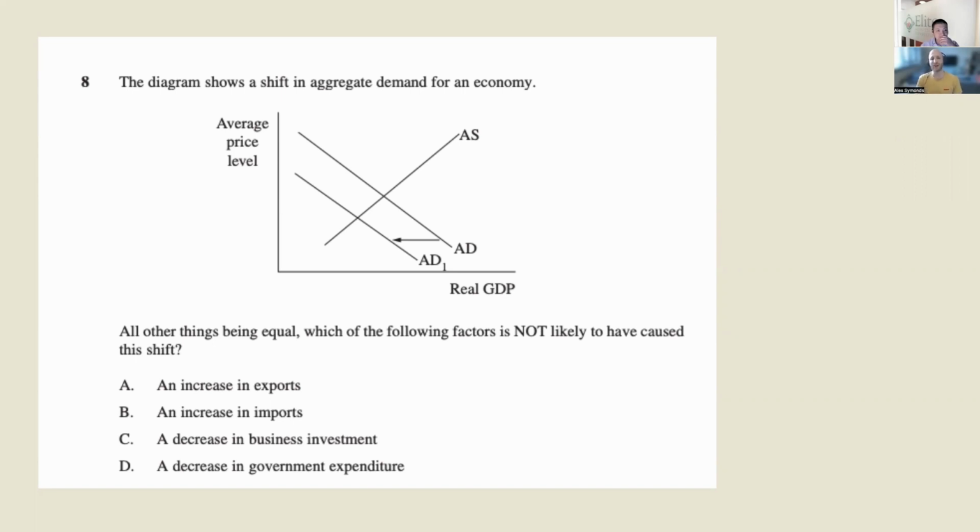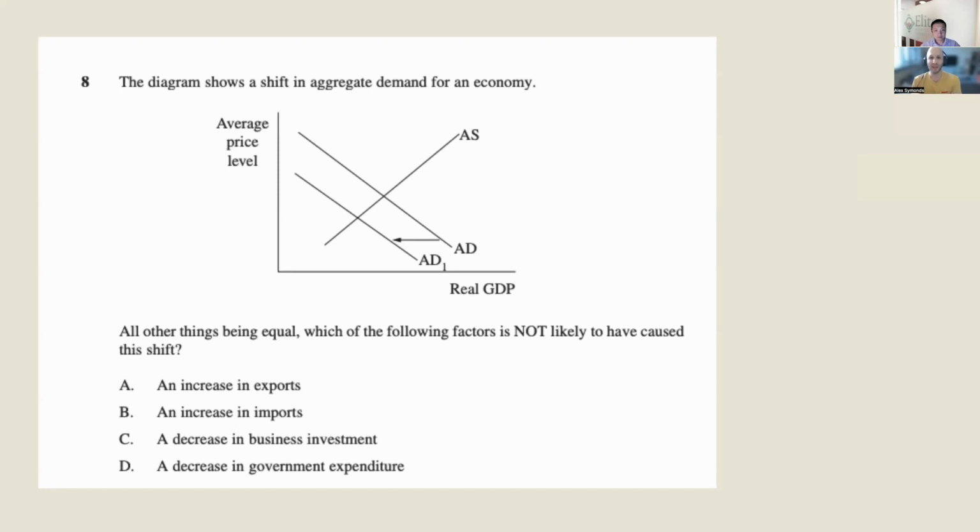And you're thinking, all right, there's an arrow pointing there. And then it's got this very, what I think is quite tricky wording. Aside from all other things being equal, it says, which of the following factors is not likely to have caused this shift? And then you've got those 4 things there. All of this is making my head hurt in a way, in terms of thinking about what I should actually be thinking about.